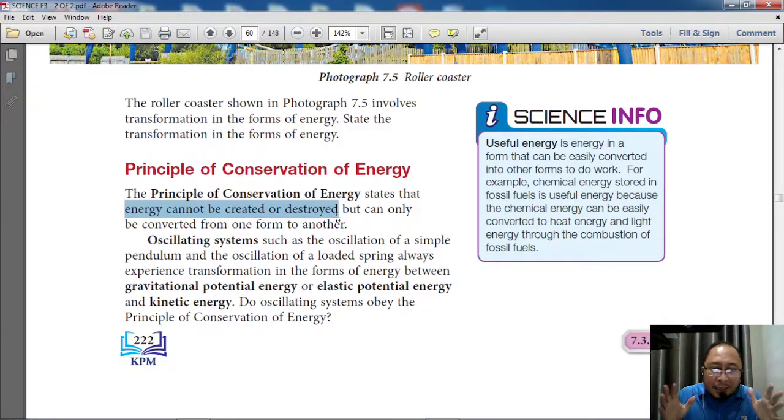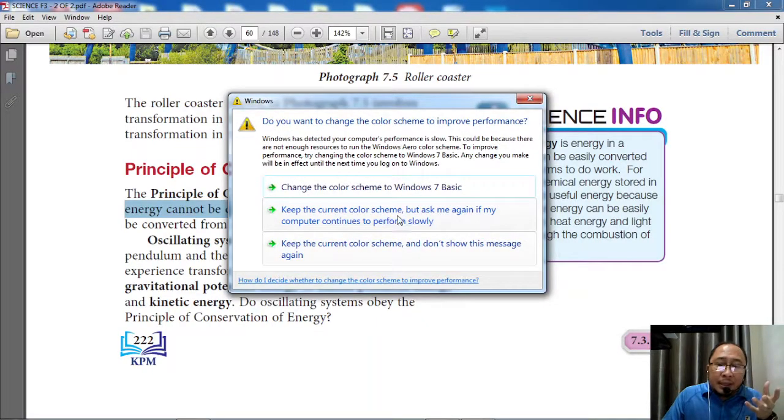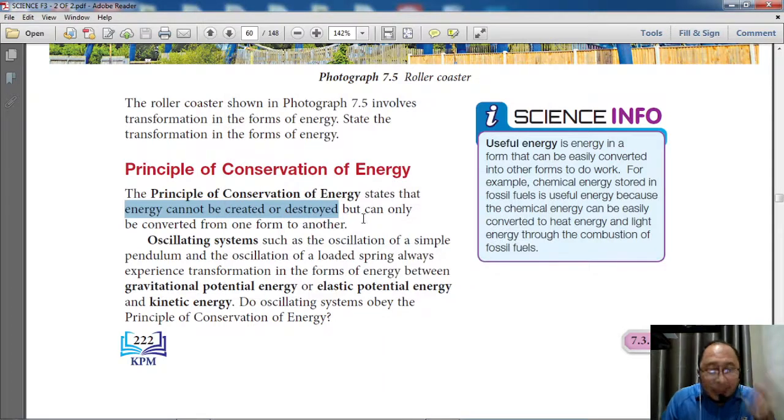Exactly, energy is created by God itself. All over the universe, everywhere is created by God. That is the real situation that you must understand.